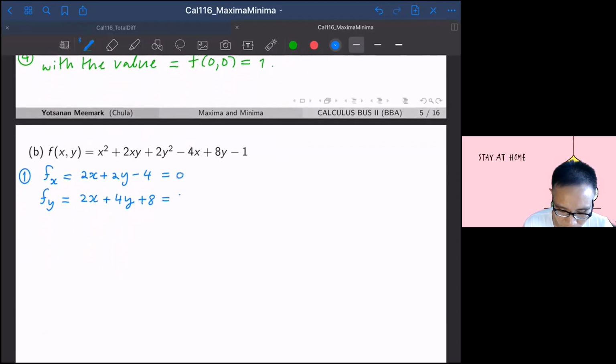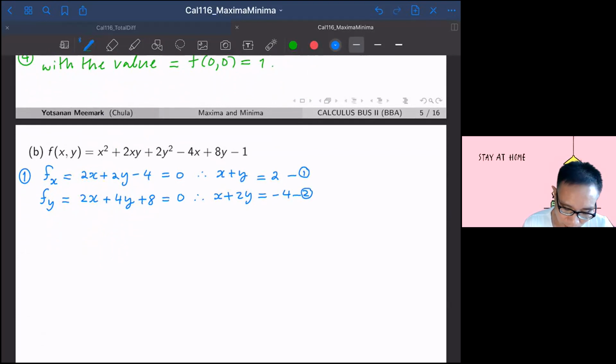You would get x plus y equal to 2, and you have x plus 2y equal to -4. So you're gonna solve this system for x and y simultaneously.